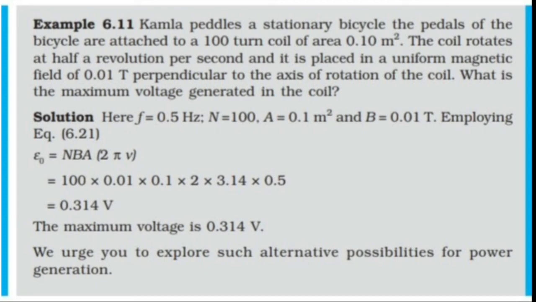To find omega, we have information about nu, the frequency: the coil rotates at half a revolution per second. That means nu is equal to 0.5. So omega equals 2 pi nu. Substituting everything in the expression, we will get the maximum induced voltage as 0.314 volt.